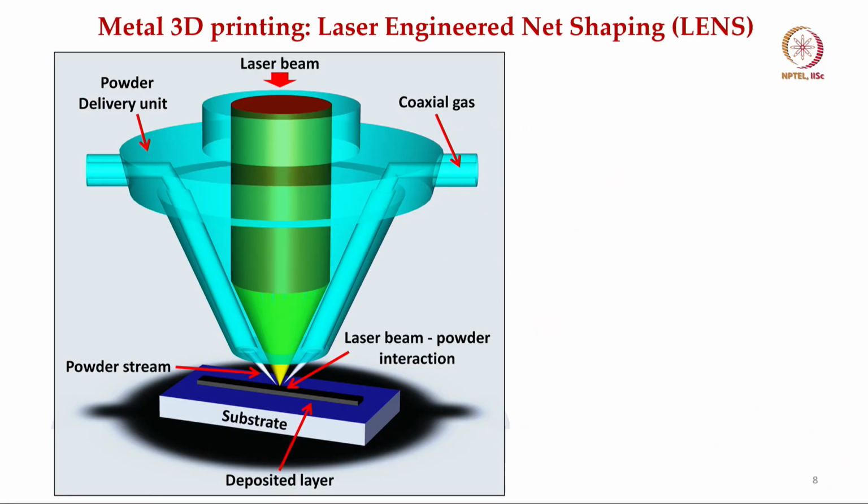There is another technique called metal laser engineered net shaping. It is not the same as laser powder bed fusion processes, because here if you see, the laser beam is being focused on a substrate, and at the interaction pool of the substrate with the laser beam, powder is being delivered through the coaxial gas shielded stream.